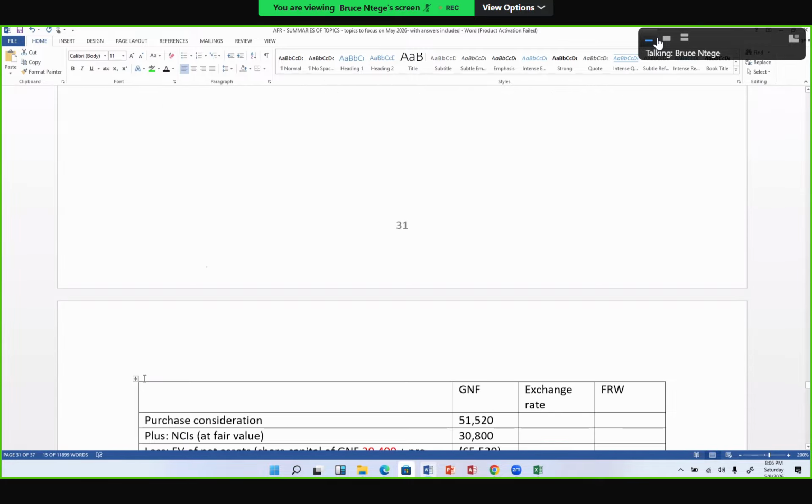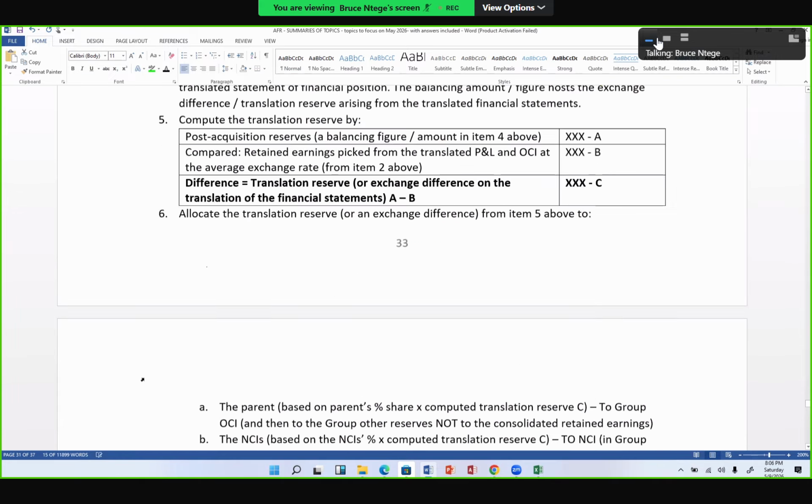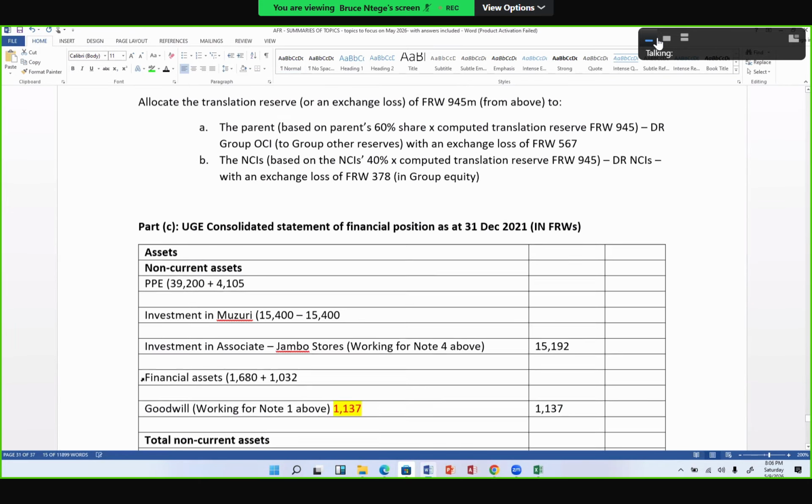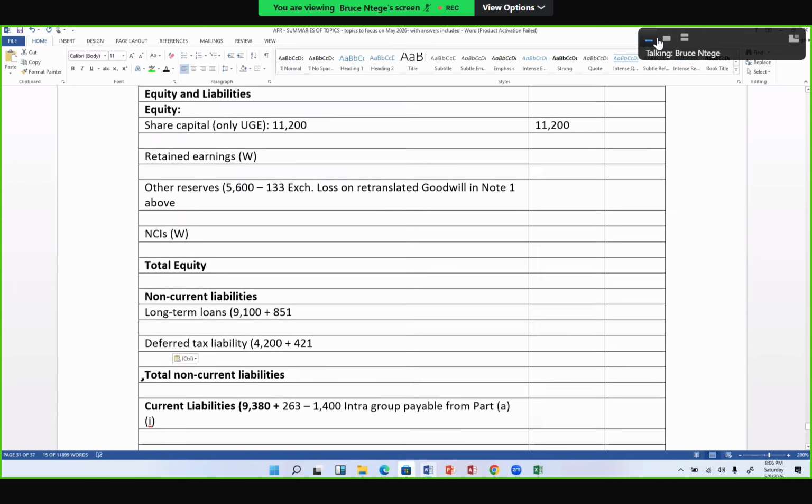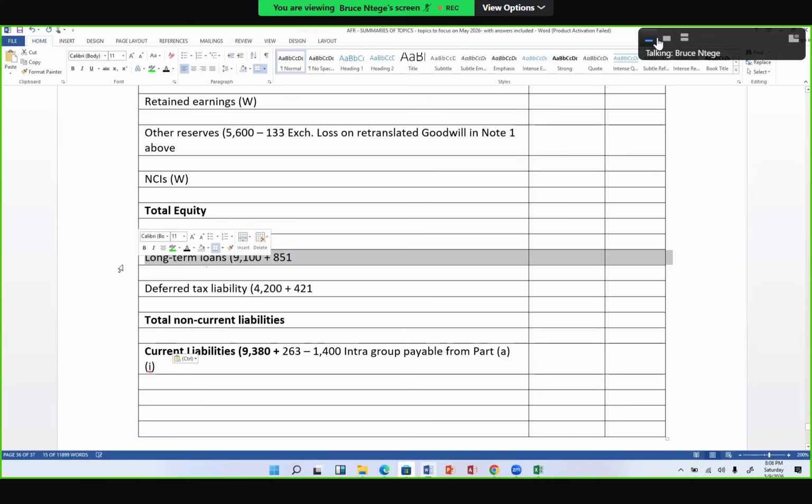Starting with the loan. Remember that I'm now dealing with the consolidated balance sheet. The loan is in the non-current liabilities. Here it is, yeah. So the loan is there. I'm going to come in here and say minus. Debit is a minus, so minus 560. And for that 560, I'm going to say that this is an intra-group loan, from part A2.